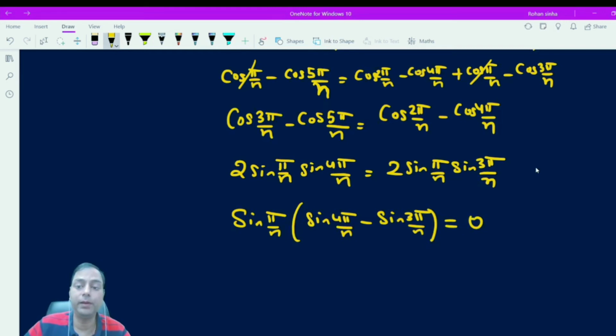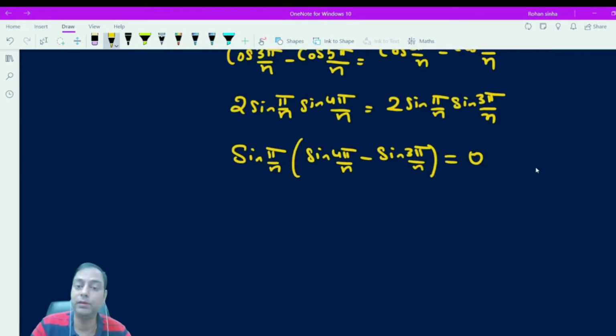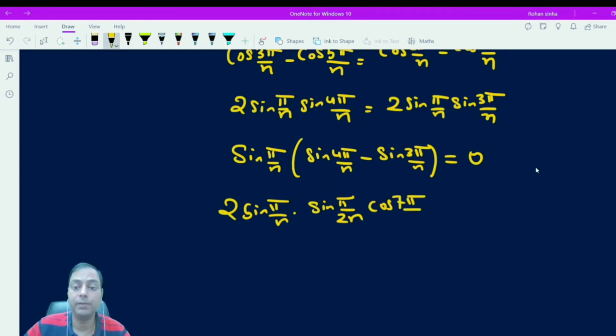And what about sin c minus sin d? Sin c minus sin d is 2 sin (c minus d) by 2 into cos (c plus d) by 2. So this is 2 sin pi by 2n into cos 7 pi by 2n.